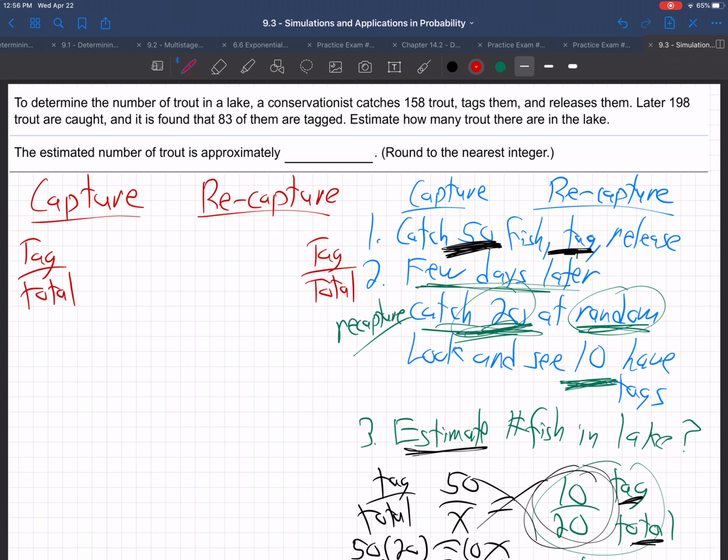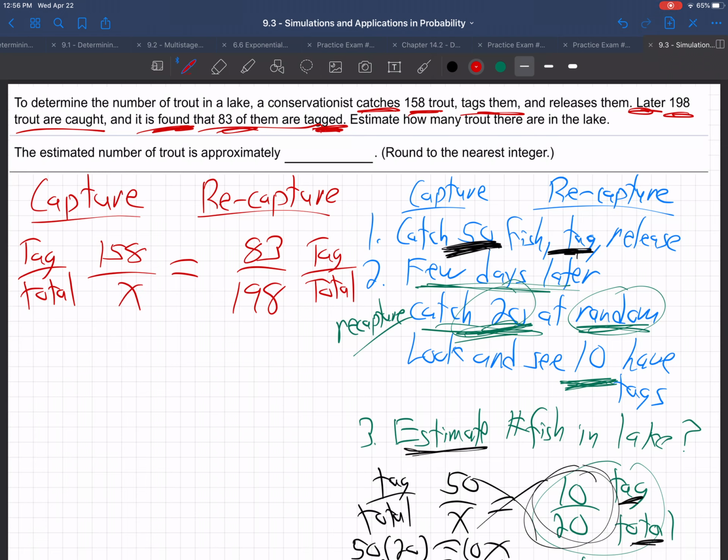So when you first captured the fish, they catch 158 trout, tag them. So that's 158 tagged. And later, this is the recapture, 198 are caught, and it is found that 83 of them are tagged. So 83 out of 198 were tagged fish.